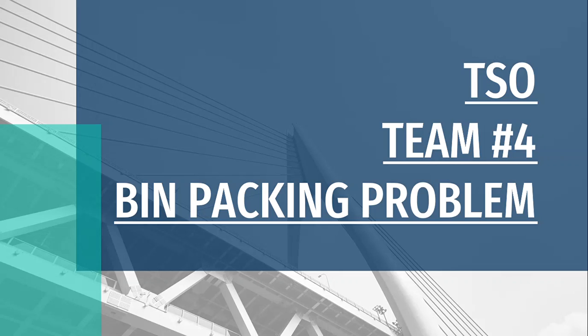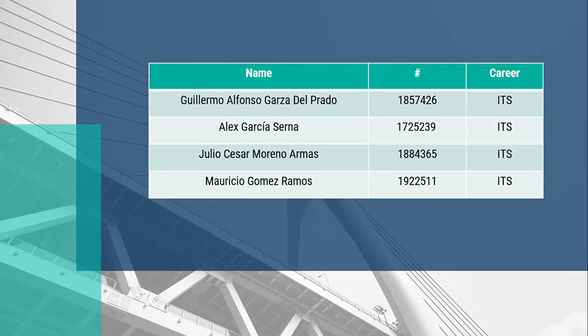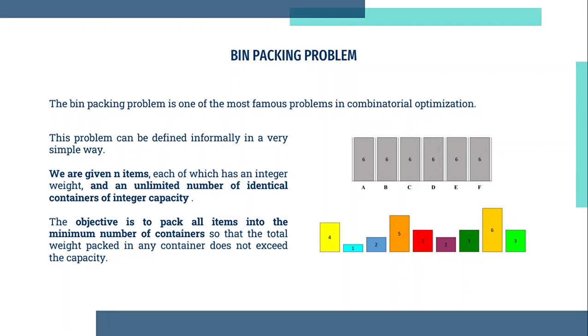In this video I'm going to talk about the bin packing problem, so let's get started. The bin packing problem is one of the most famous problems in combinatorial optimization.